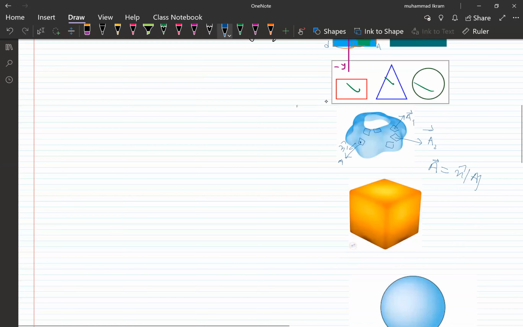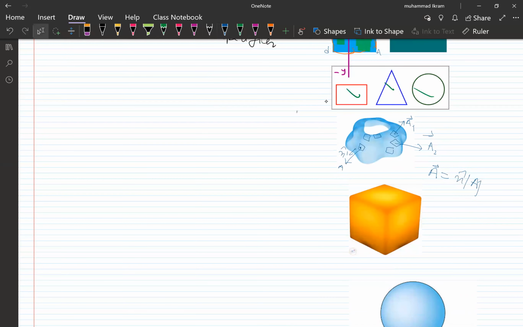For the closed surface like this, what will be the area vector? For the top, you have the area vector, for example a1, pointing along the vertical direction. For this, it will be area vector a2.